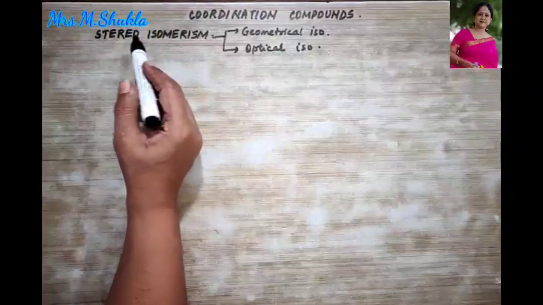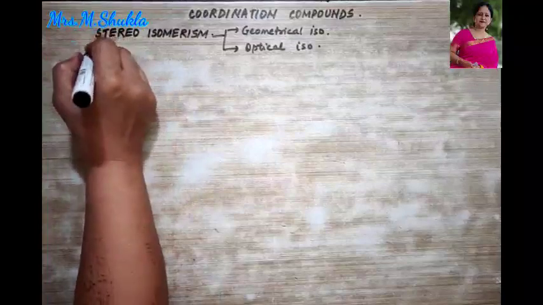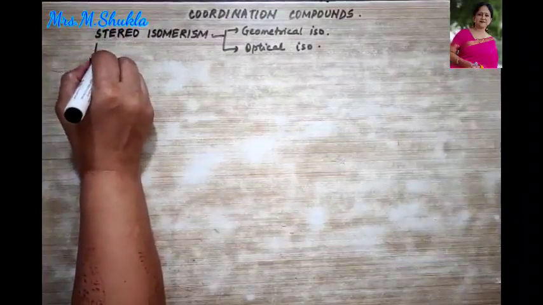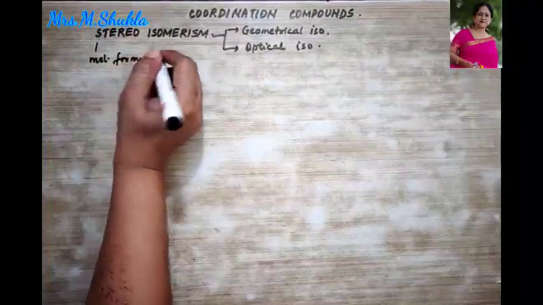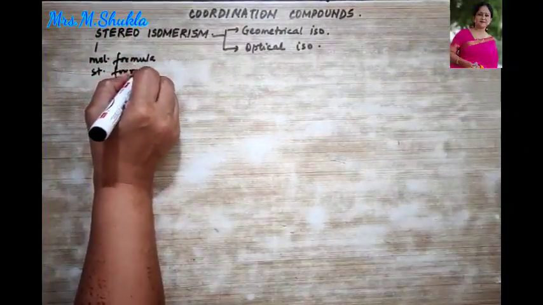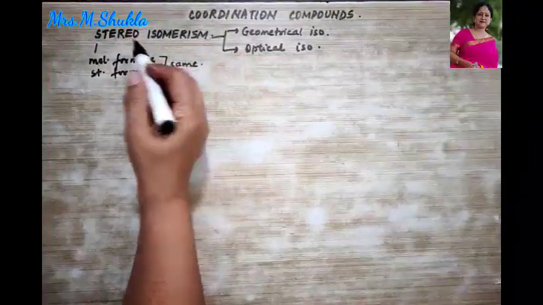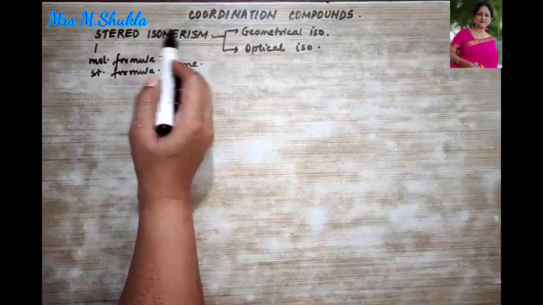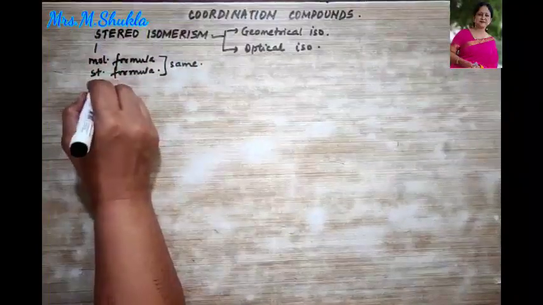Now let us understand firstly what is stereoisomerism. When your molecular formula is the same, when your structural formula is the same, then what is the difference that gives us stereoisomerism over here? Orientation is different.